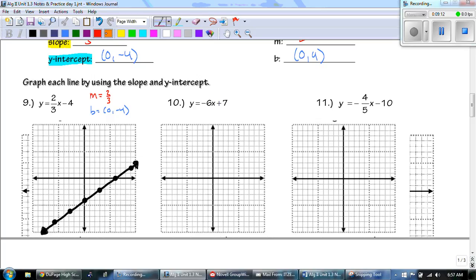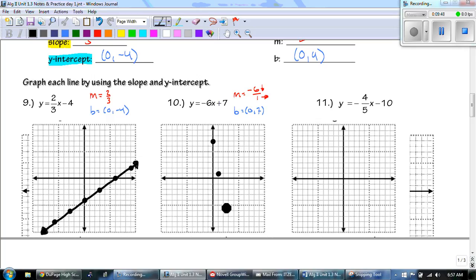All right? My slope is -6, and I want that as a fraction. So it's going to be -6/1, which means I'm going to go down 6 and to the right 1. Okay? My y-intercept is at the point 0, 7. So at 0, 7 is where I start. I'm going to go down 6 and to the right 1.